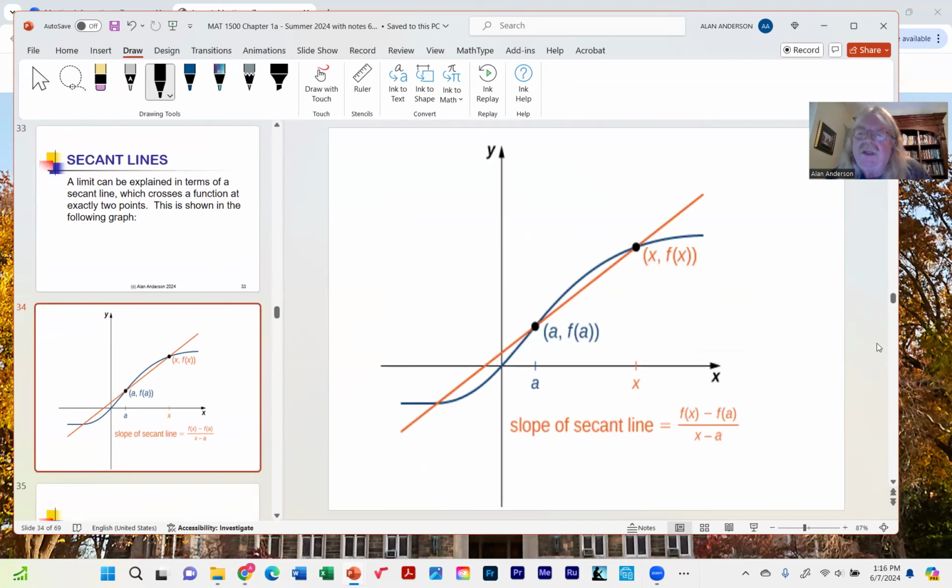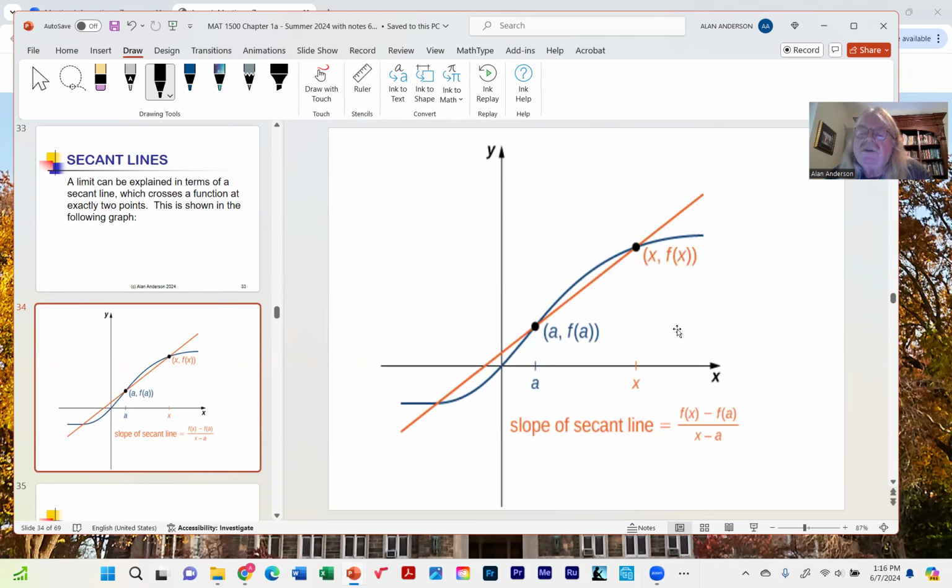There's no way I could draw these, but here, this blue is the function. Now, if you recall, a secant line crosses through a curve at two different places. The points we've chosen are A and X, A f of A, X f of X. So that secant line is giving us approximately the slope of this curve between the 2 points, but you can see it's not exactly right.